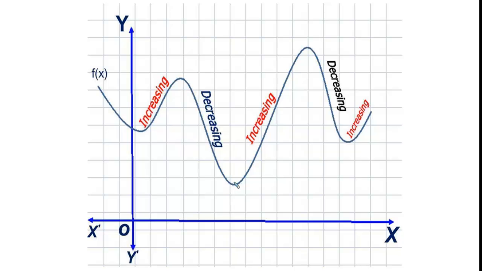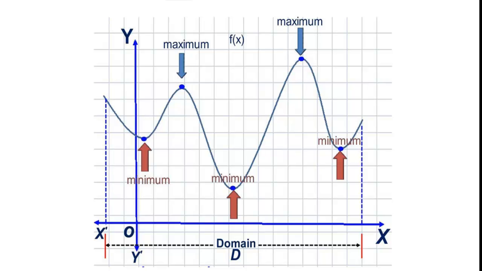The values of the function at these points are called maximum and minimum values. In this figure, we can see these are the maximum points and these are the minimum points, where the function will attain maximum values at these points and minimum values at these points.